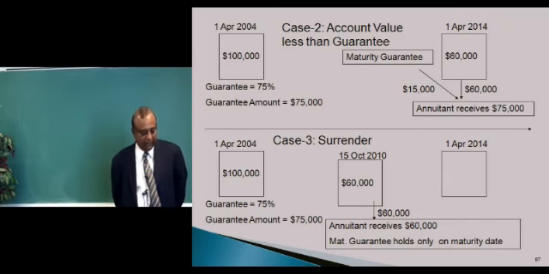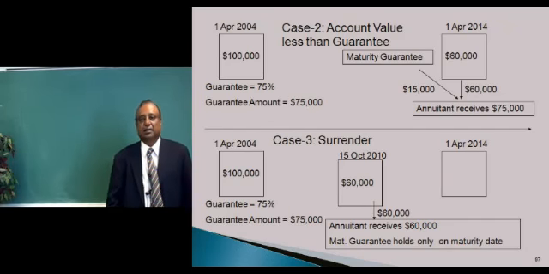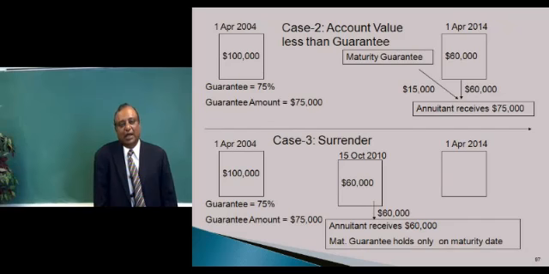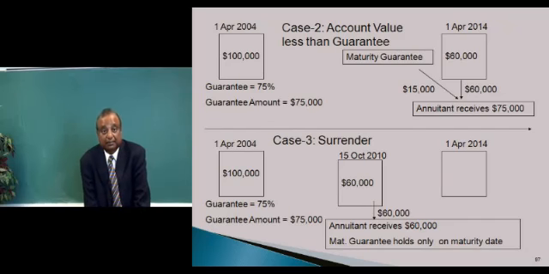How is that $75,000 made up? $60,000 comes from the account of the investor, of the owner. The balance $15,000 is paid by the maturity guarantee of the insurance company. So if the question asks what is the maturity guarantee received by the person, the answer is $15,000.